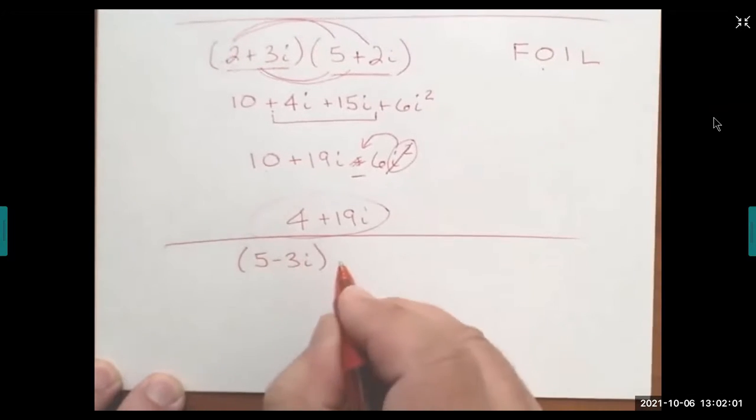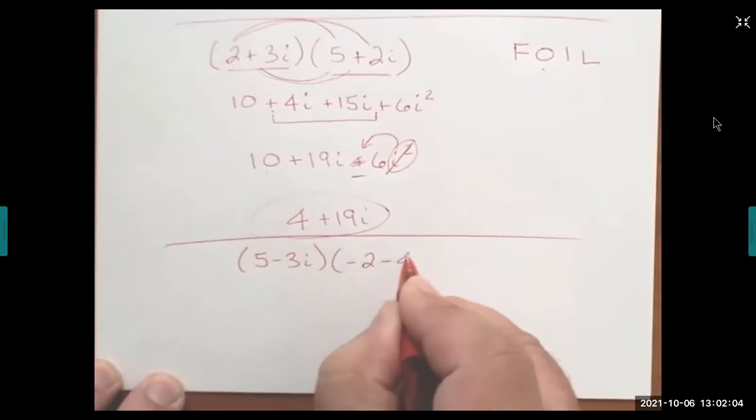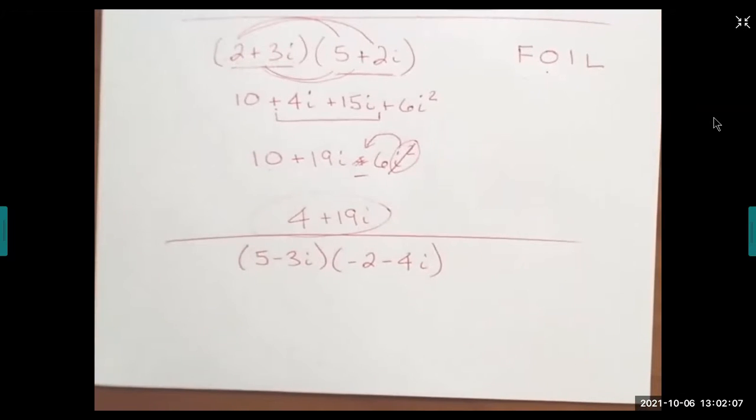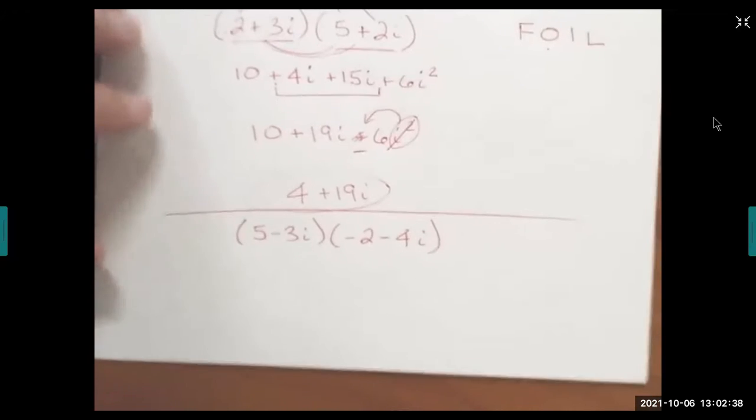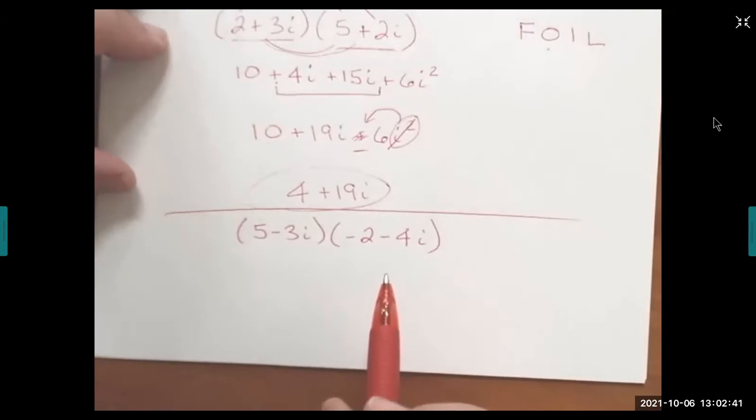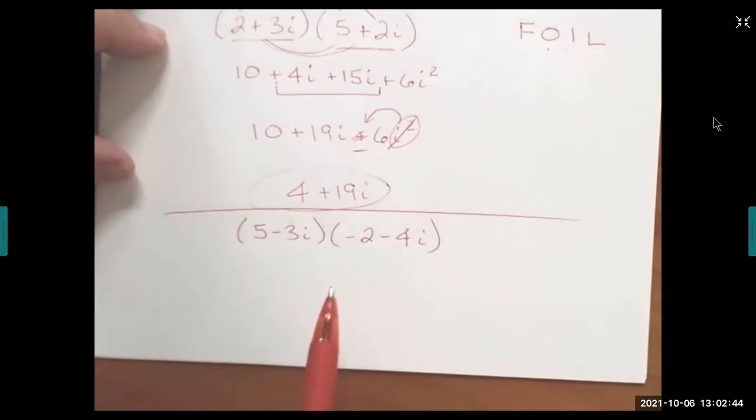5 minus 3i, -2 minus 4i. How do I know I'm multiplying these two together?